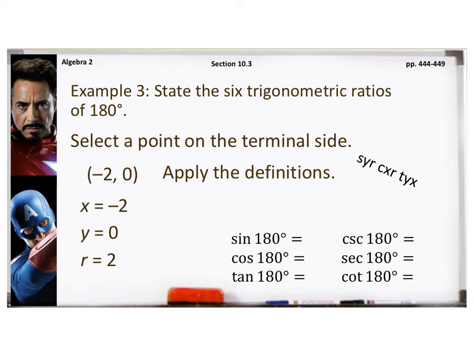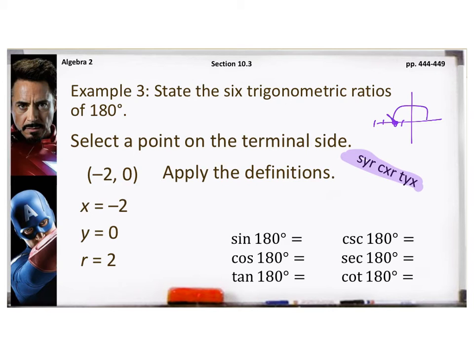So, example 3. State the 6 trig ratios of 180. Well, we're going to use SOH CAH TOA again. So, what is our y and our x? We select a point on the terminal side, (-2, 0). We're going to go out here and select that (-2, 0).